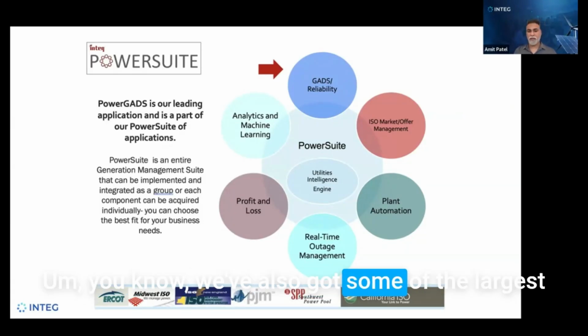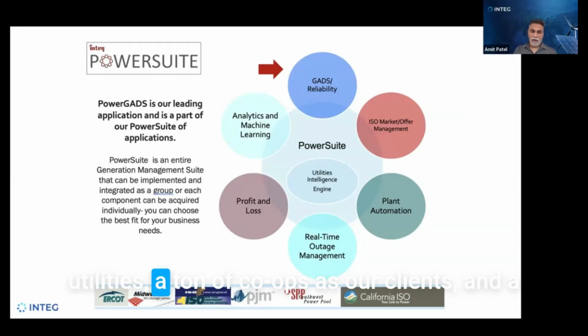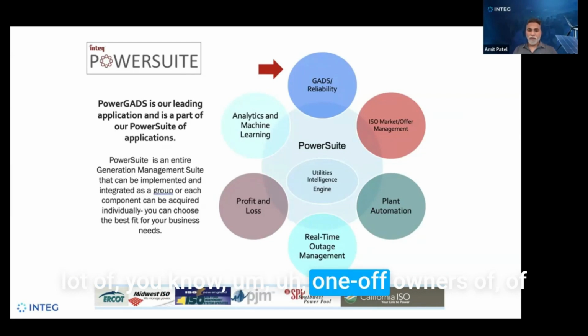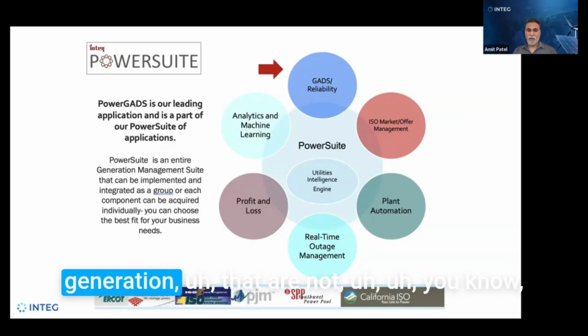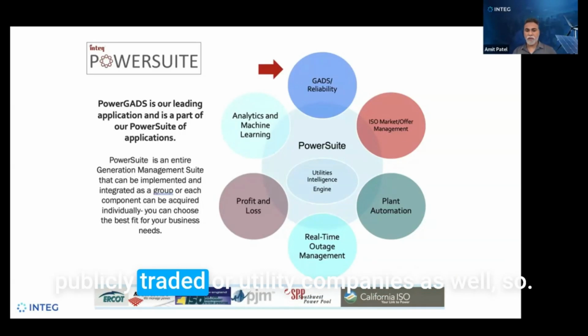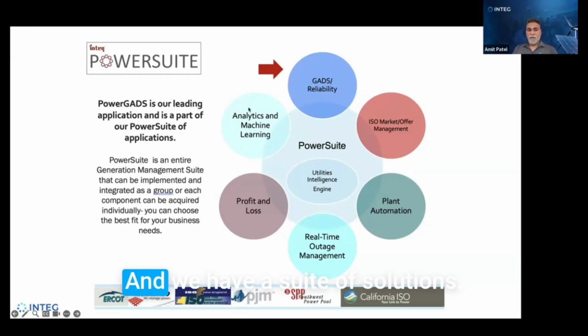We've also got some of the largest utilities, a ton of co-ops as our clients, and a lot of one-off owners of generation that are not publicly traded or utility companies as well. And we have a suite of solutions.